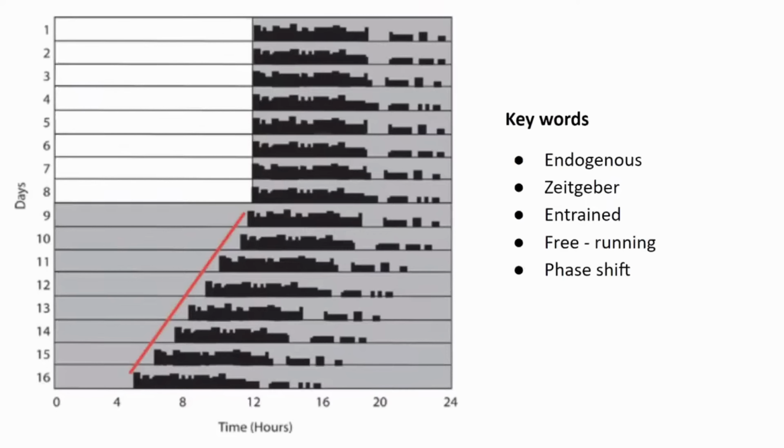So the first thing you need to look at is the axes, the X and Y axes, just like with any graph. So going up the side, we've got days 1 to 16, and along the bottom, hours 0 to 24.